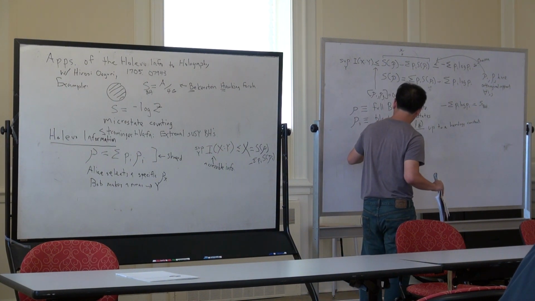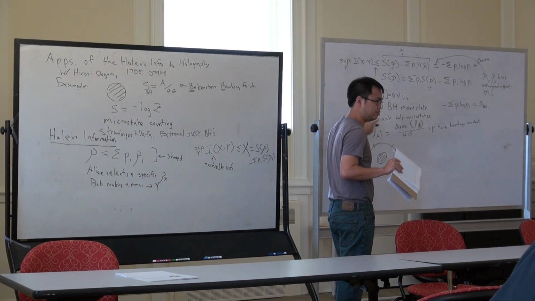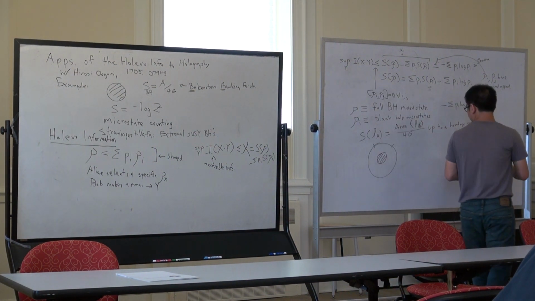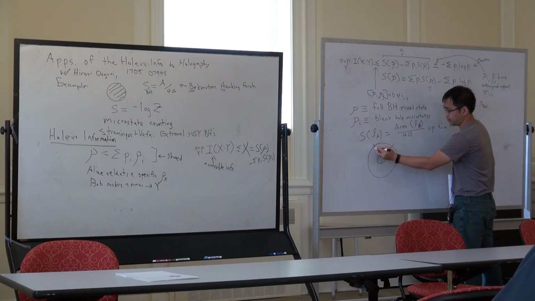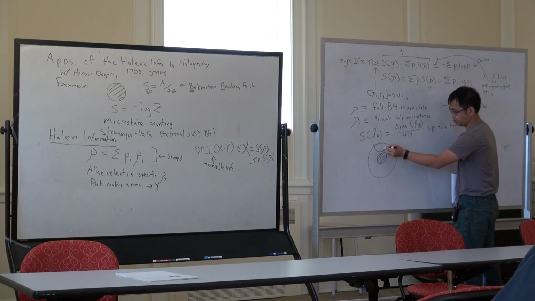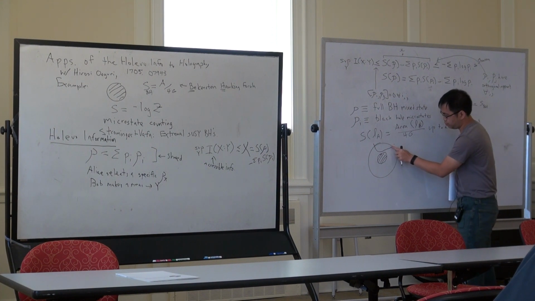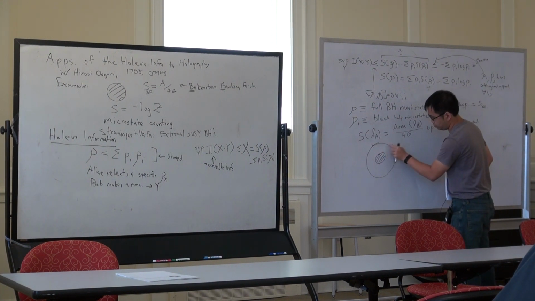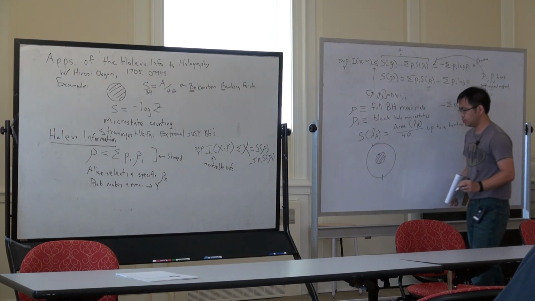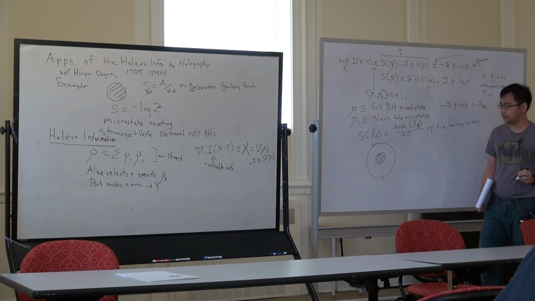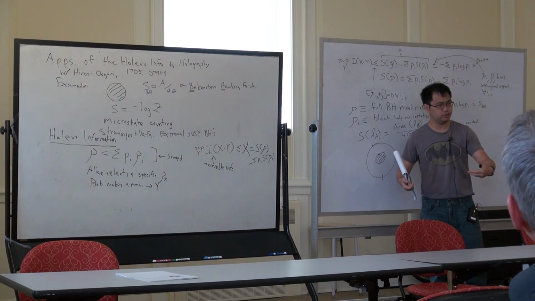If I have some boundary interval like this, smaller than half the size of the entire boundary, then the area that subtends it is just some minimal geodesic in three-dimensional gravity, for simplicity, that goes like this, and it doesn't cross the black hole area. But if I change this and look at an interval size that's larger, say this interval, then the homology condition tells you that you need something that can relax continuously to the boundary.